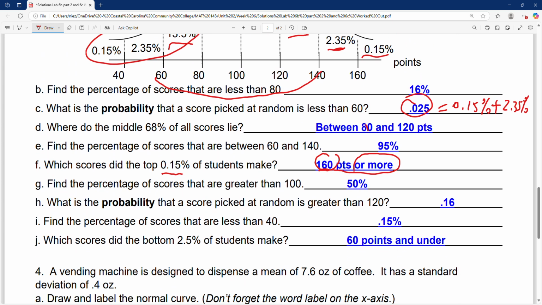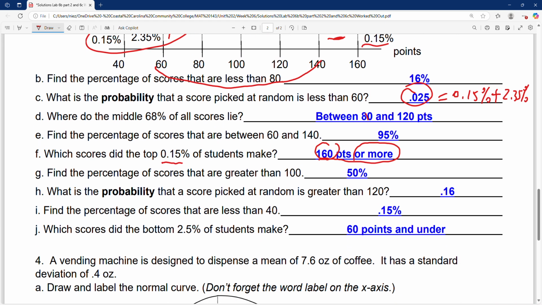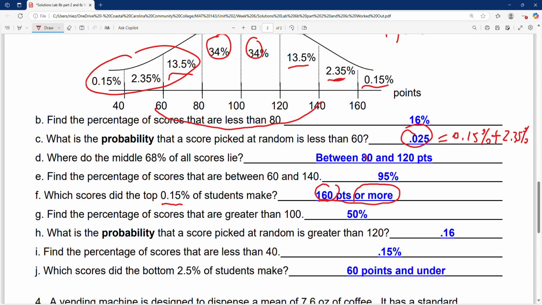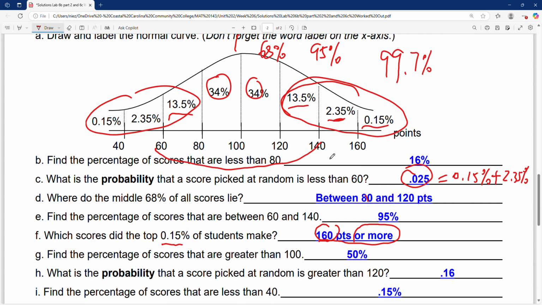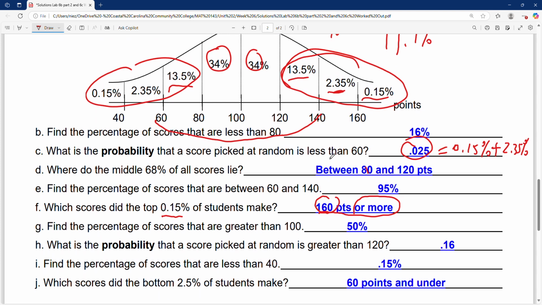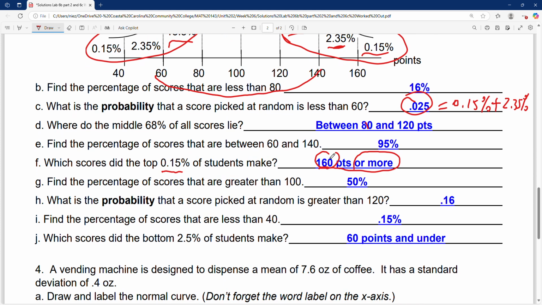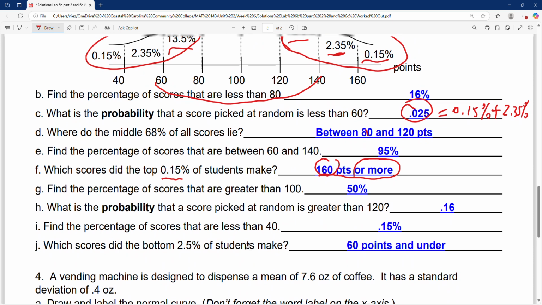What's the probability that a score picked at random is greater than 120? Just add all the percentages on the right side of 120. Added together, you will get 16%, or 0.16. Find the percentage of scores that are less than 40.